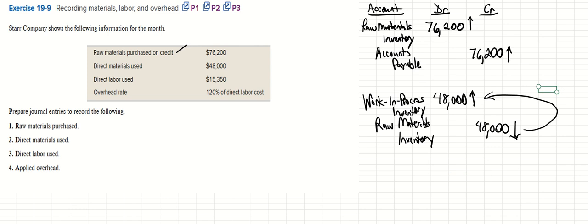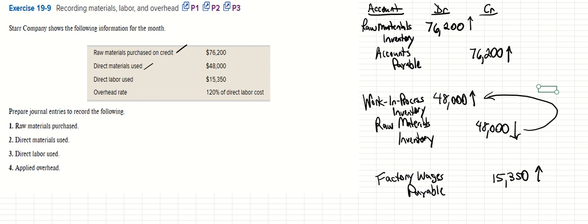So for number three, we've got direct labor used. It tells us that's $15,350. So since direct labor was used, we're going to go ahead and credit factory wages payable. We're crediting that account for $15,350. That's going to increase the balance in that account because that is a liability account.